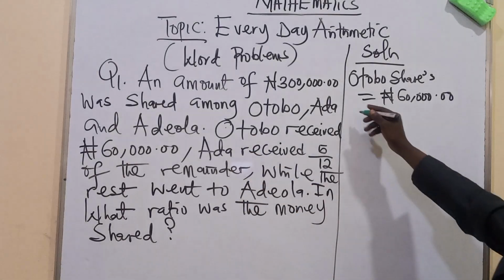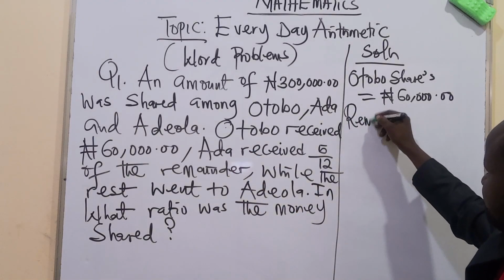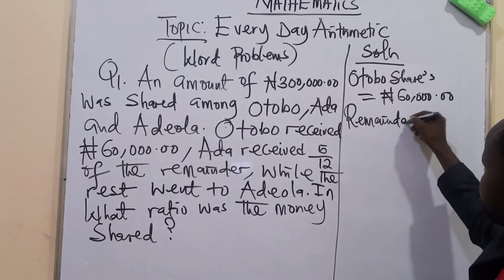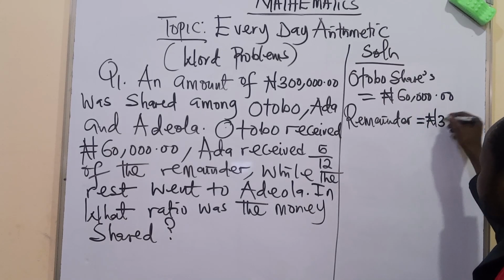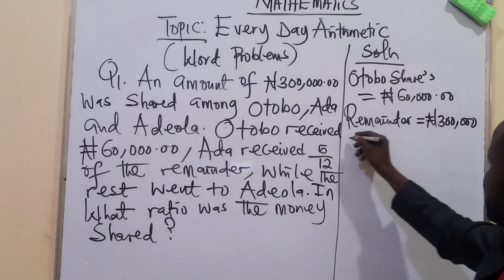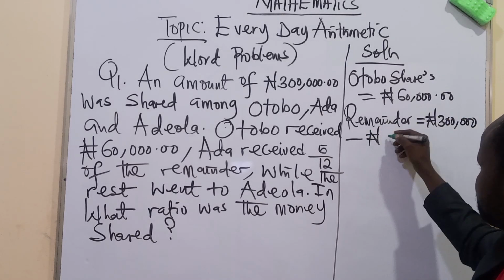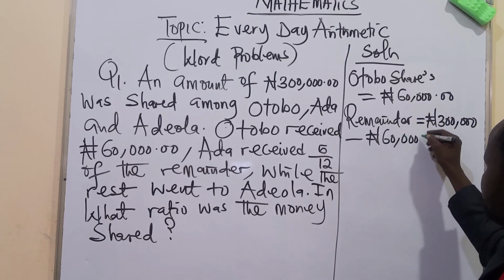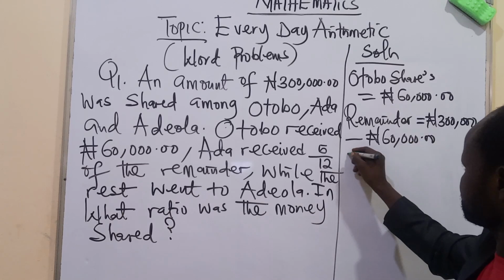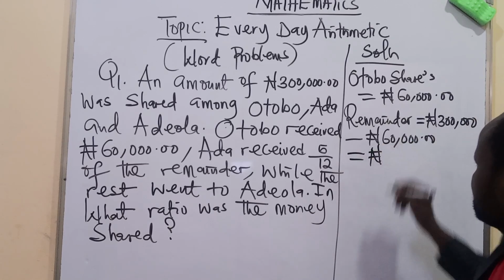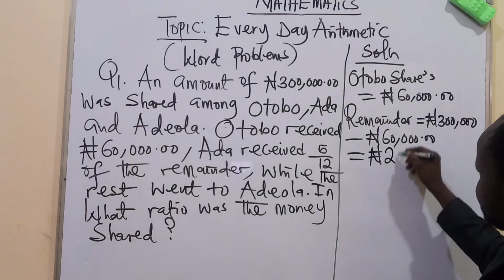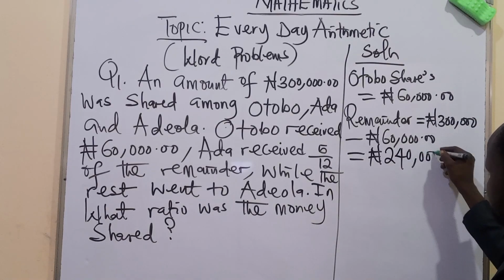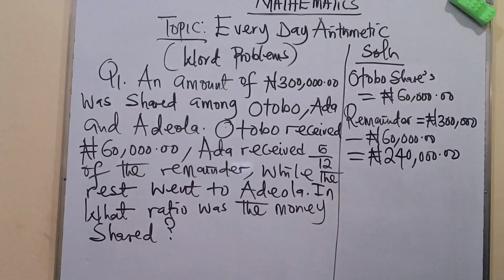So the remainder, let's find the remainder now. The remainder will be equal to 300,000 minus what Otubo received, which is 60,000. So the remainder will be 300,000 minus 60,000, that will be 240,000. So this will be the remainder.